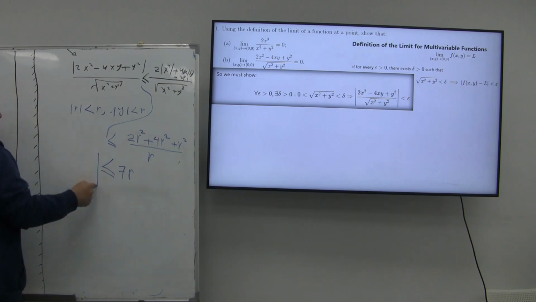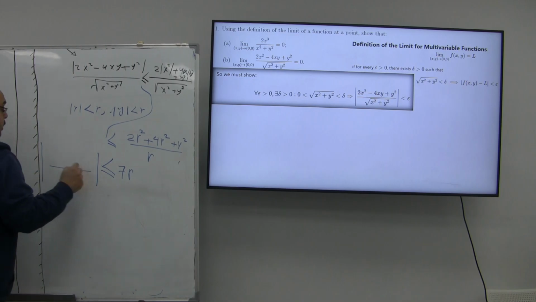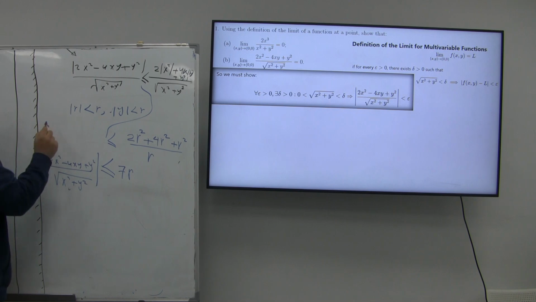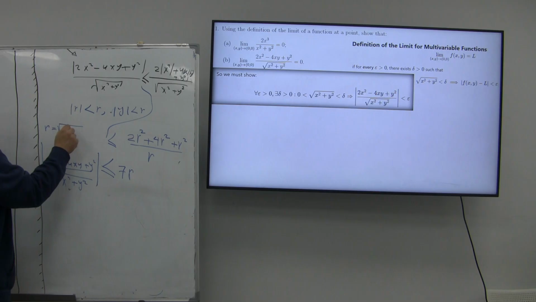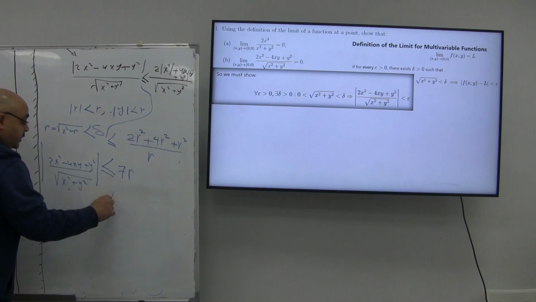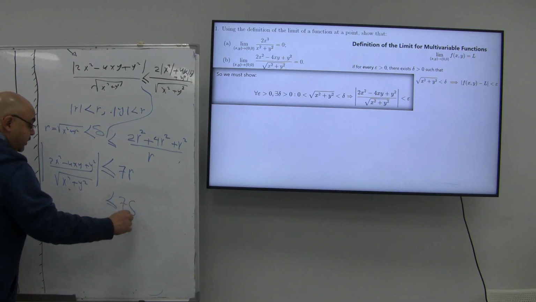Once more, this is the kernel that you are investigating, trying to find an upper bound for: 2x squared minus 4xy plus y squared, over the root of x squared plus y squared. Remember that r is equal to the root of x squared plus y squared, and this is less than or equal to delta, which means this is less than or equal to 7 delta.